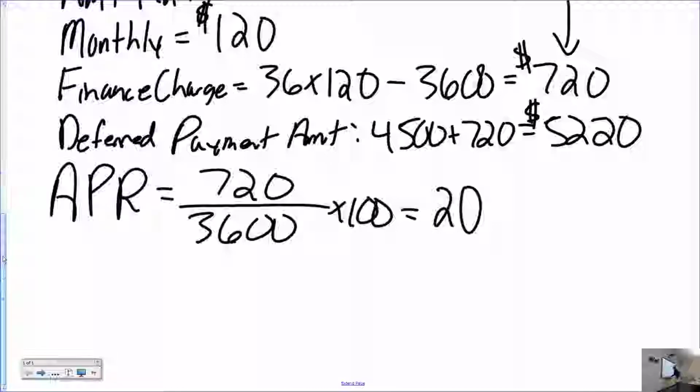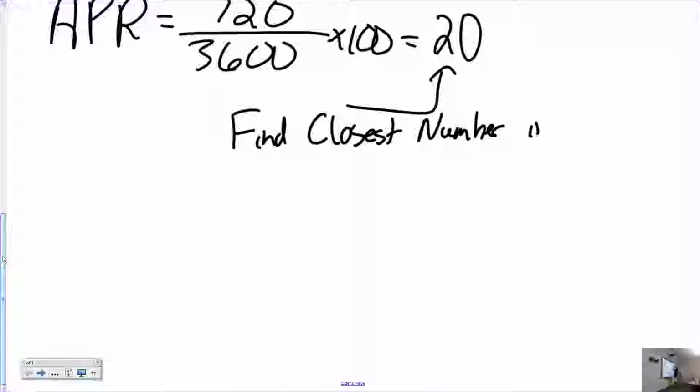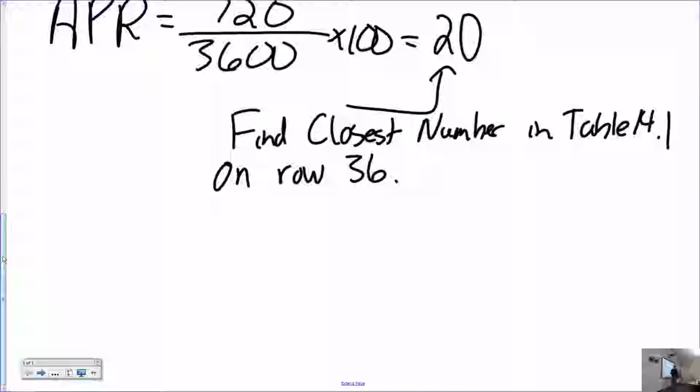So the key, folks, is remember, find the closest number in Table 14-1 on row 36, where the row is technically the number of months of payments that you're making, right?